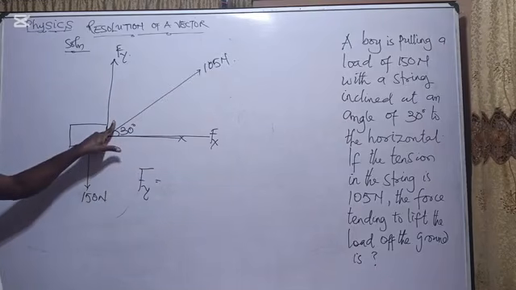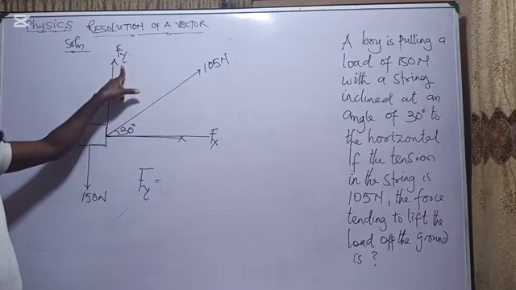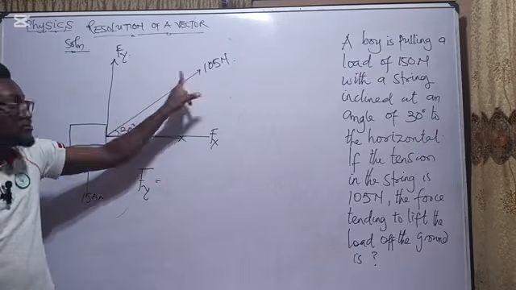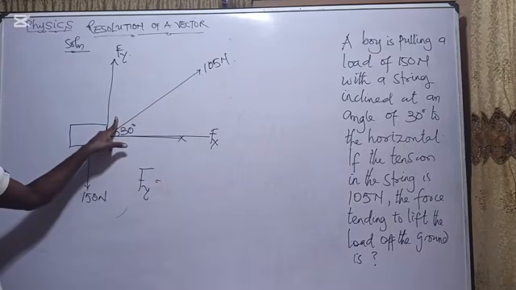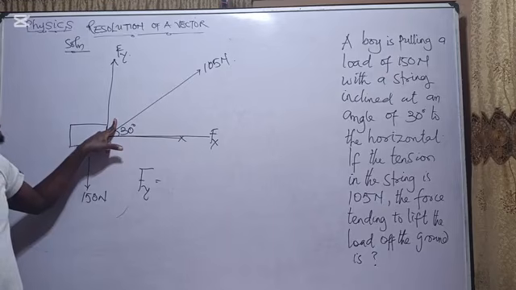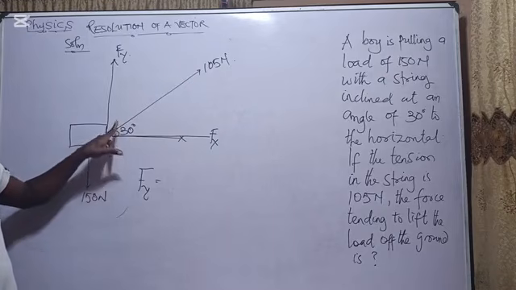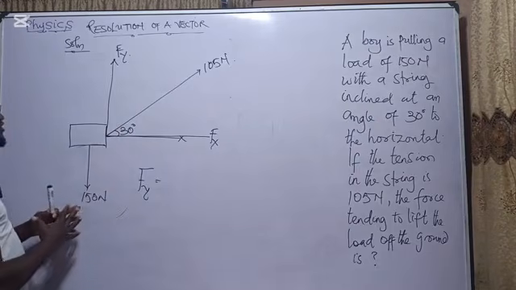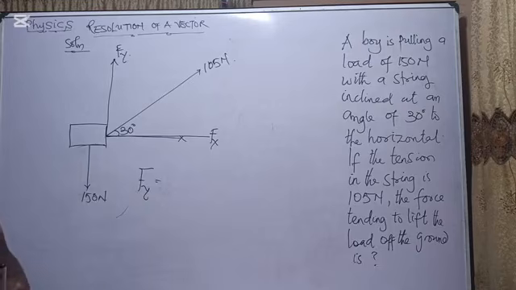Then there is no angle in between that vertical component and the force you are resolving, so you have to consider what? Sine. Remember what I said? Once there is no angle in between, you are considering sine, because if you simplify it as usual, it will give you the same thing. If the angle is in between, then it becomes cos.